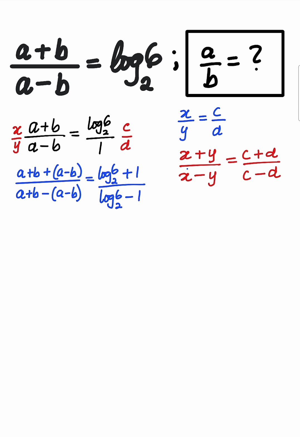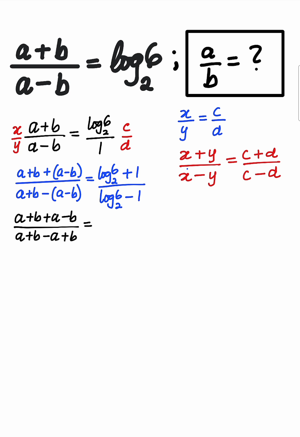Okay, so let's simplify. For this we have (a plus b) plus (a minus b), all over (a plus b) minus (a minus b). Why plus? That's because this minus affects this minus. Then equals, now since here we have 1 and same here, and take note we are dealing with base 2, all we need to do is convert 1 to log 2 base 2.